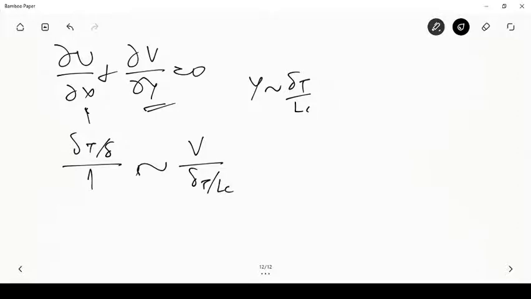So you get v is of the order of delta t square divided by LC delta, right? So that is the order of magnitude that I get from the continuity equation.